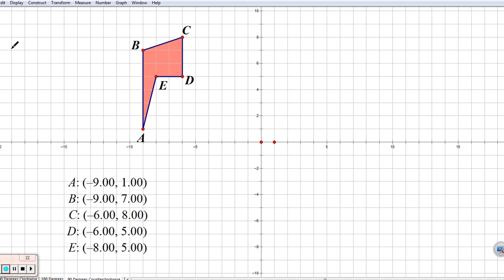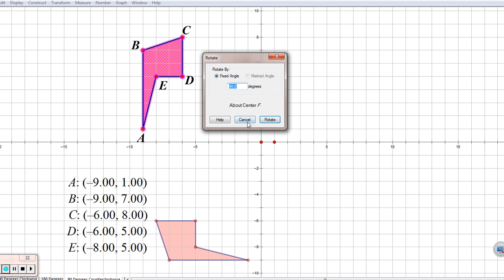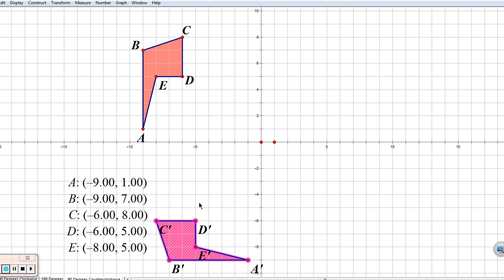Alright, and finally, we're going to do the same thing for our last sketch. Mark the origin as our center. I'm going to rotate, and this time I'm going to rotate 90 degrees counterclockwise. This is the opposite direction that a clock goes.